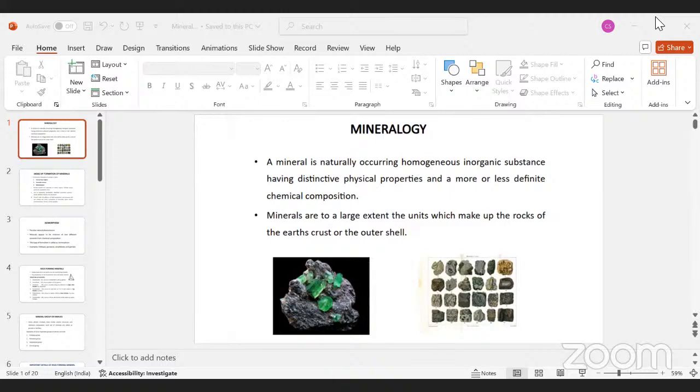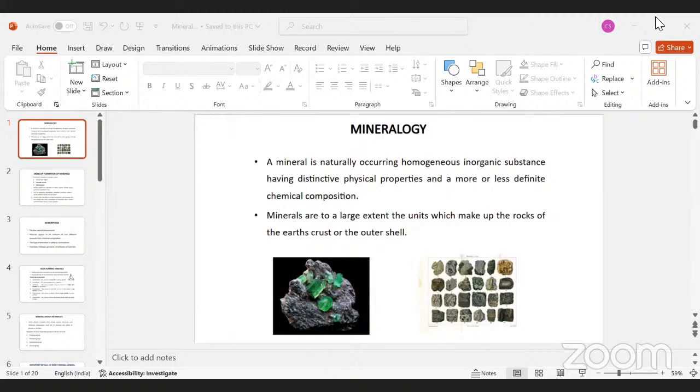How were the minerals formed? Actually, what we have seen in a crystal is an inorganic substance with a definite crystal structure and a definite chemical composition. Here also it is similar.